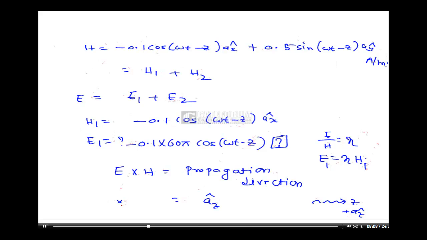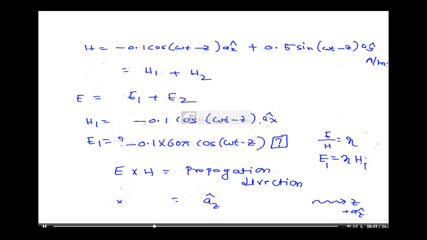Here H is Ax. The important thing is don't consider H as only Ax; the minus also belongs to H. If there is a minus in front of the amplitude, that is not a negative amplitude value, it is the direction value.